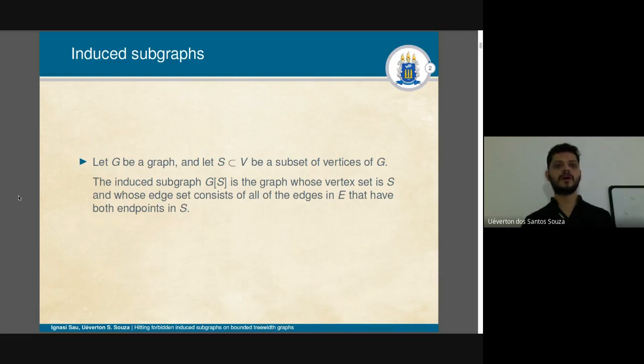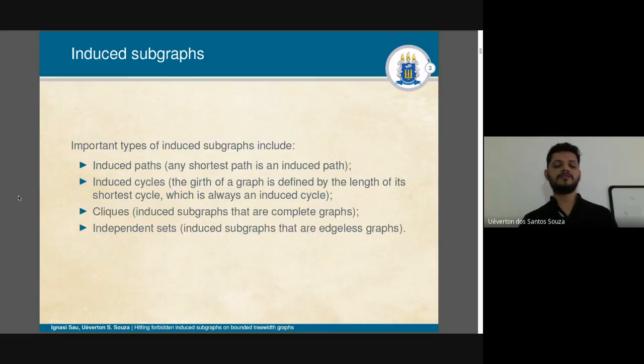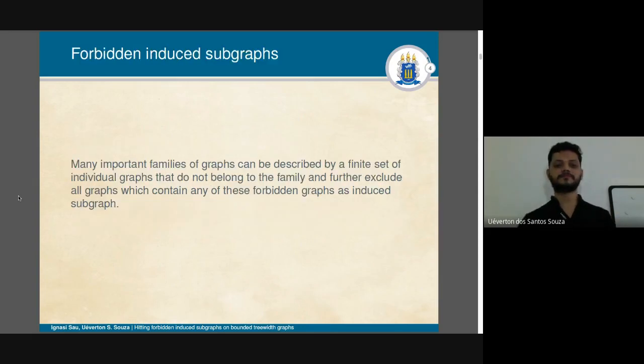Induced subgraphs are probably the most important graph structure in the literature. Given a graph G and a set S of the vertices of G, the subgraph of G induced by S is the graph whose vertex set is S and whose edge set consists of all edges of G that have both endpoints in S. There are many important types of induced subgraphs, including induced paths, induced cycles, cliques, and independent sets.